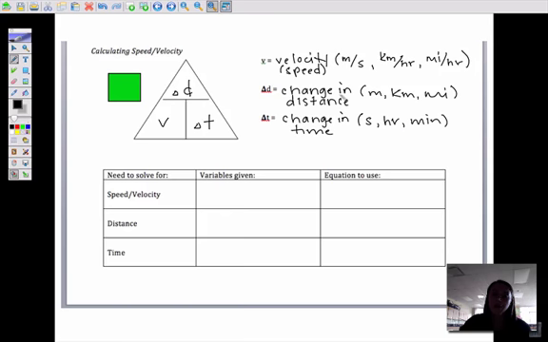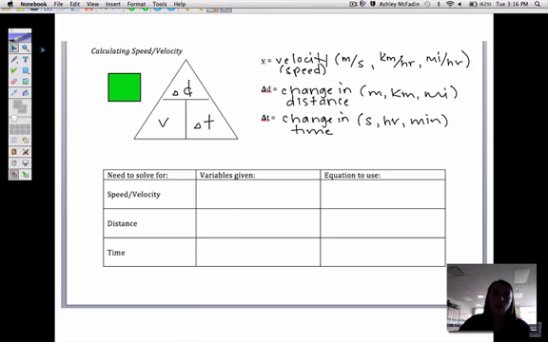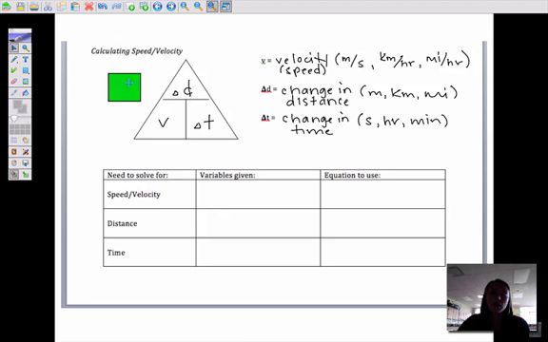Now, say we need to solve for speed and velocity. How we're going to do that is, if you had this on your paper, you would put your thumb over the v. So if you put your thumb over v, all that's left is d over t.